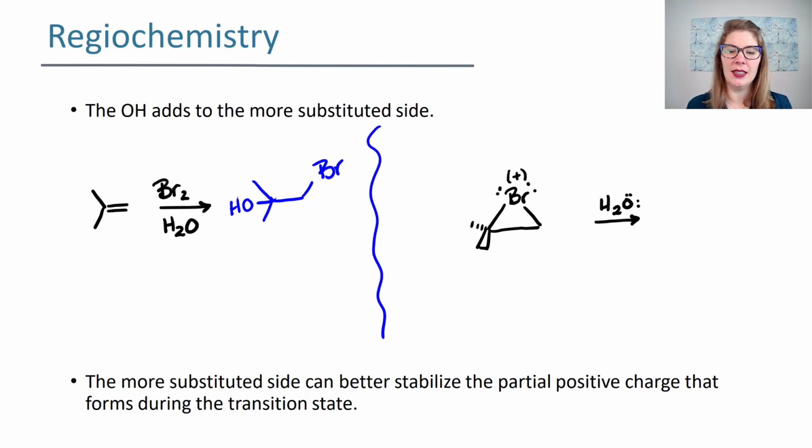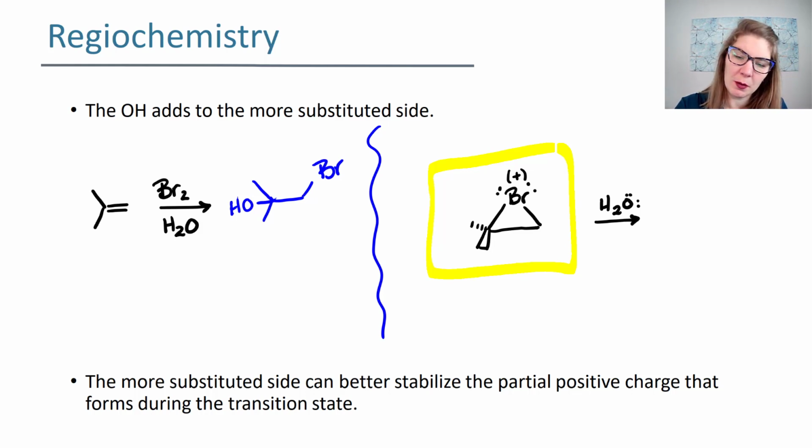I'm going to split these ideas. Over here that I'm highlighting or boxing in yellow is my brominium ion. My brominium ion, remember, has a bromine that has a positive charge. That bromine is pulling electron density its direction. So it's pulling electron density from here, and it's pulling electron density from here. That's leaving partial positives on those two carbons. Well, which carbon's better able to stabilize the partial positive?